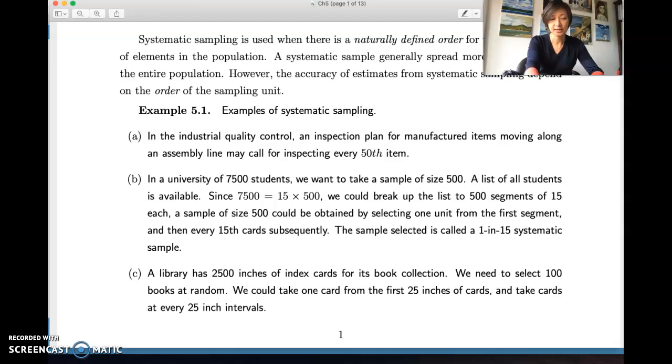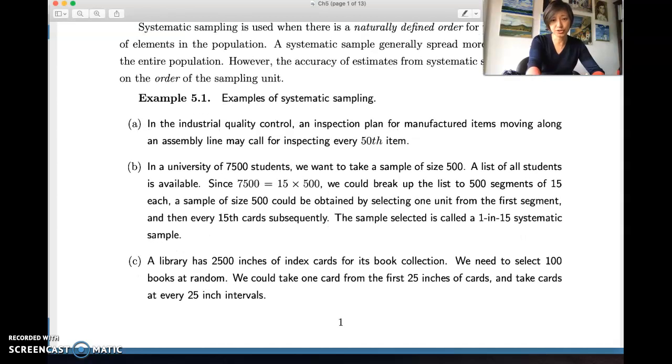So if that's the case, 7,500 divided by 500, we are going to break it into segments of 15 each. So we are going to choose a 1 in 15 systematic sample. We can choose a random start from the 1st to the 15th.